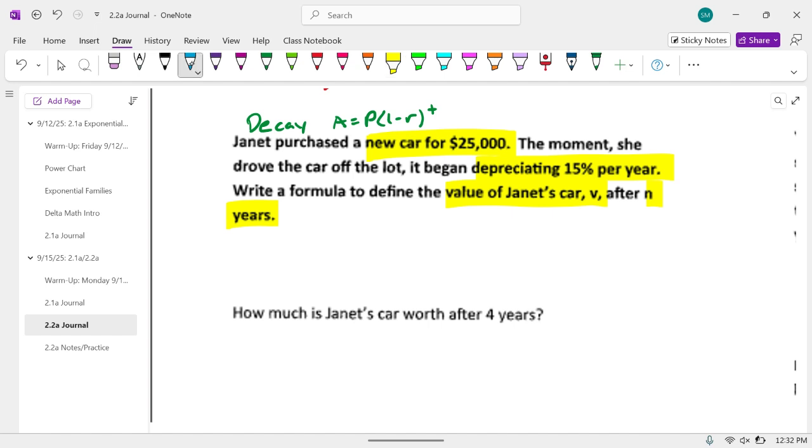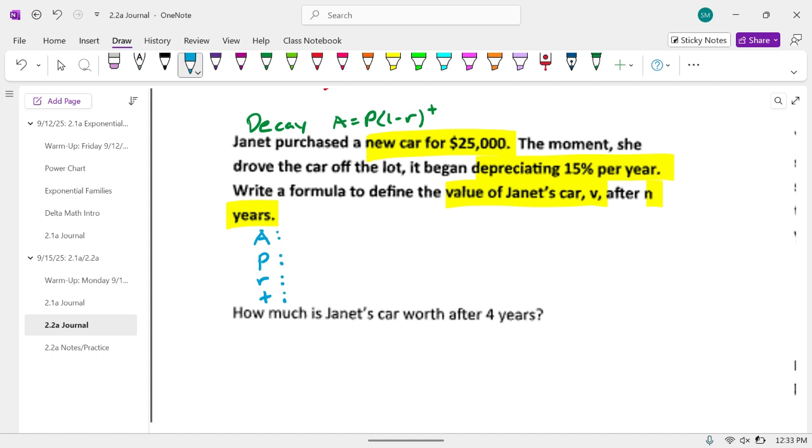We're going to write out what our different values are first before we put them in our formula. You don't have to do this every time, but this is a good way to learn it first so you can see this goes here, this goes here. It's a good way to organize it. Once you get good at it, you can go straight into the formula.